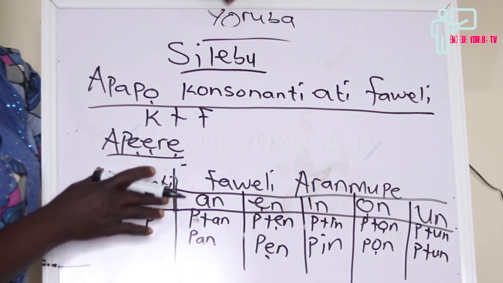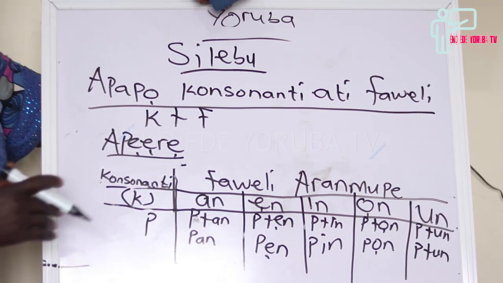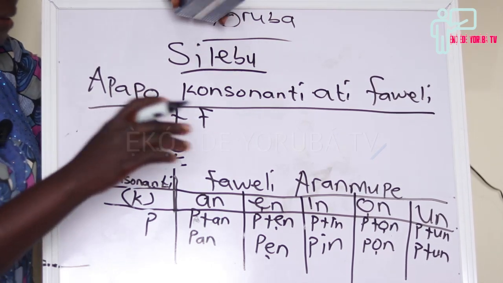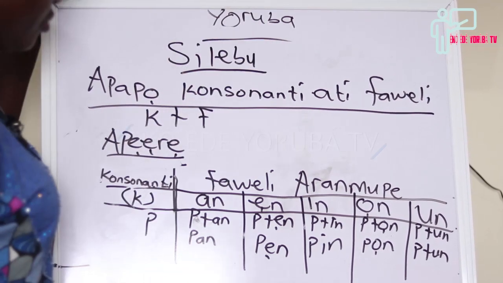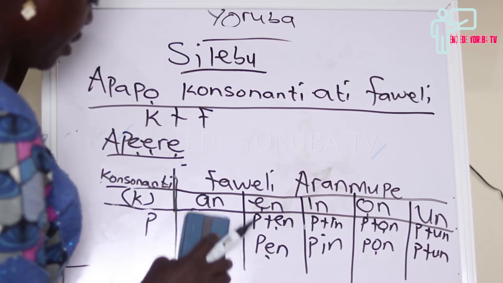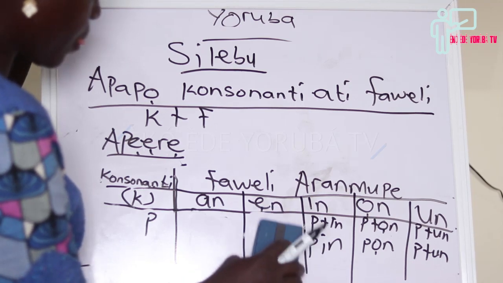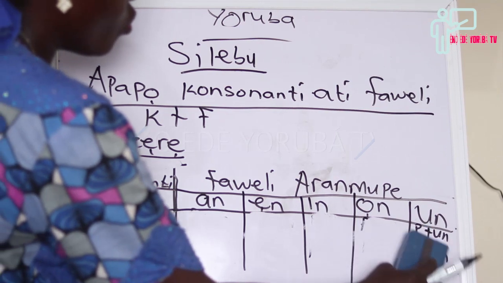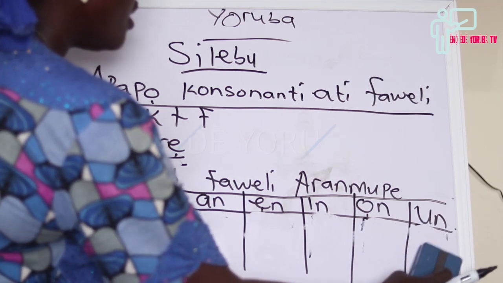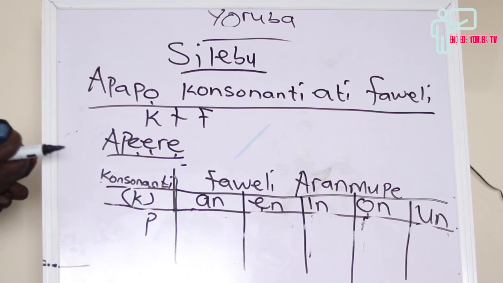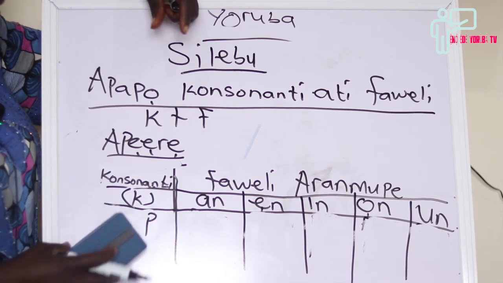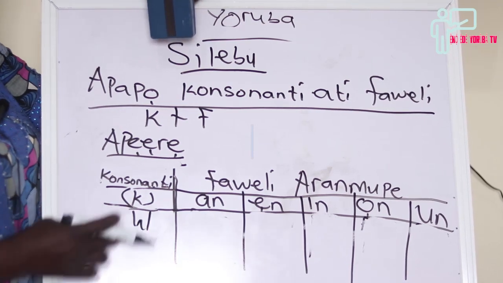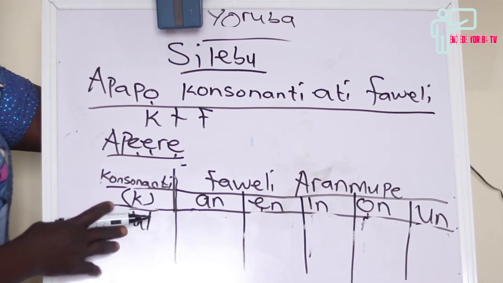So these are the faweli aranmupe. I will make one more example in that faweli aranmupe. Let's have another letter. Let's use W. We call it we in Yoruba. W, we in consonants.